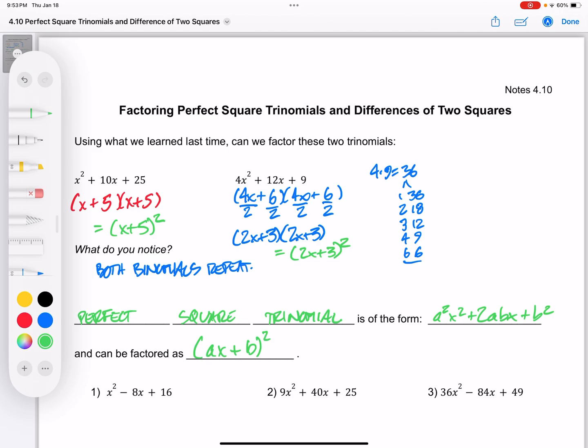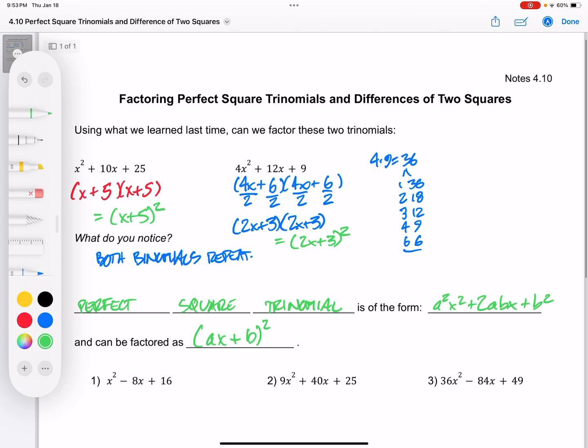All right? So in other words, we'll have a squared number in front of our x squared. It's a perfect square. It starts and ends with a perfect square, and the coefficient in the middle is 2 times each of those. All right?